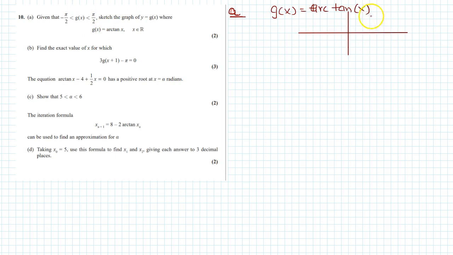We know the graph of tan is this, this is the asymptote, so this is minus pi over 2 to pi over 2, and that is another one. Now to have an inverse, that is tan inverse, it has to be one to one, so that's why the interval is always given like this.